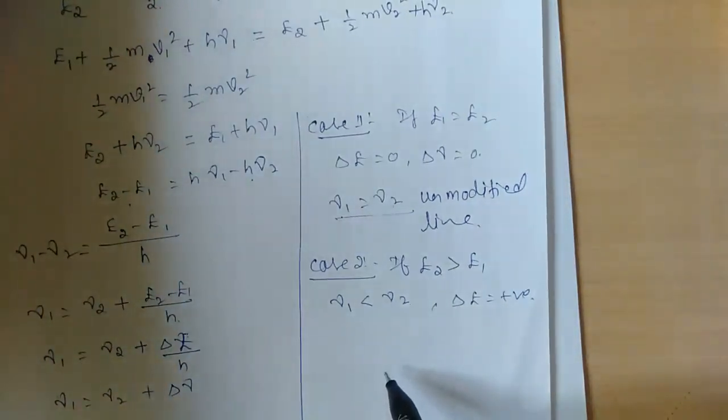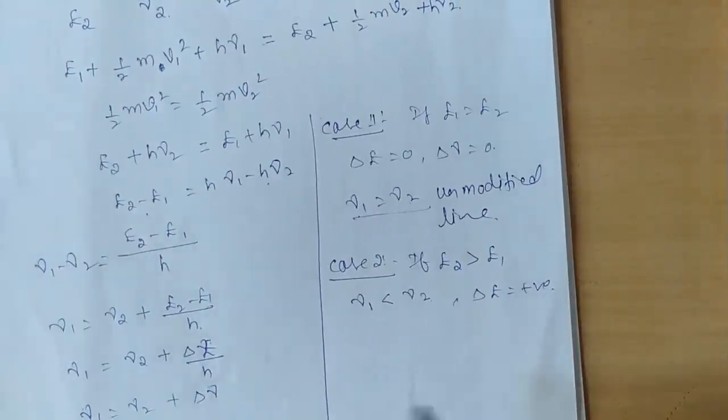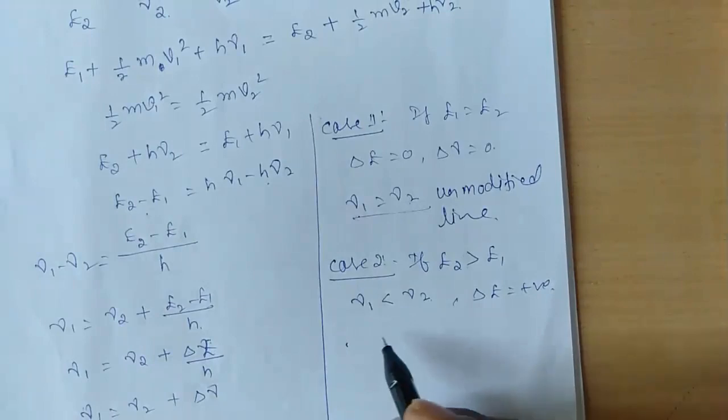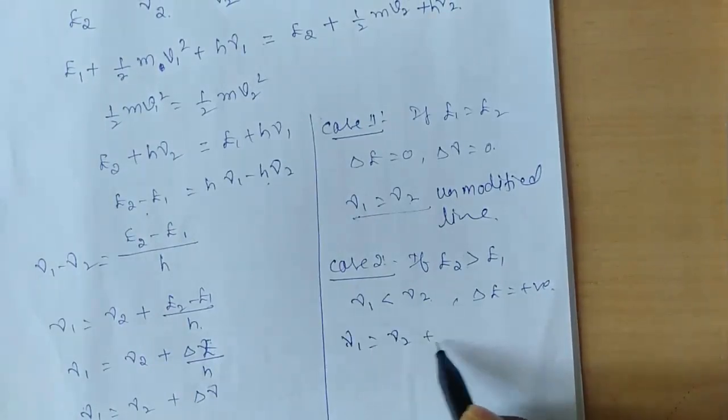So therefore now delta E will be positive. So therefore we can write, delta E is positive. So therefore nu 1 is equal to nu 2 plus delta E divided by h.